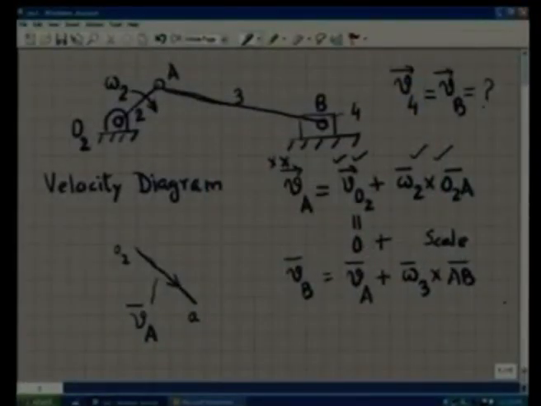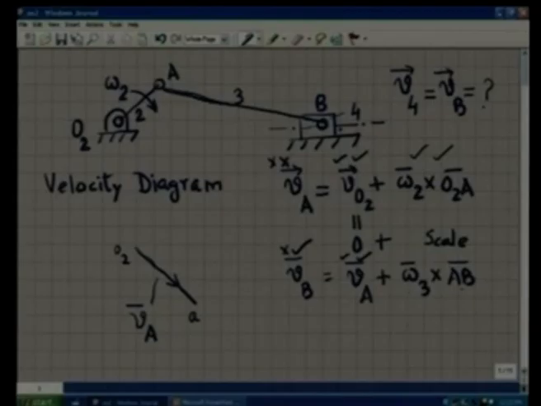So this is again a vector equation where velocity of A we have completely determined, so I know its magnitude and direction. Velocity of B, I do not know the magnitude, but I know the direction, which must be horizontal. Because of this prismatic pair, the point B always moves in the horizontal direction, so I know the direction of the velocity of B.